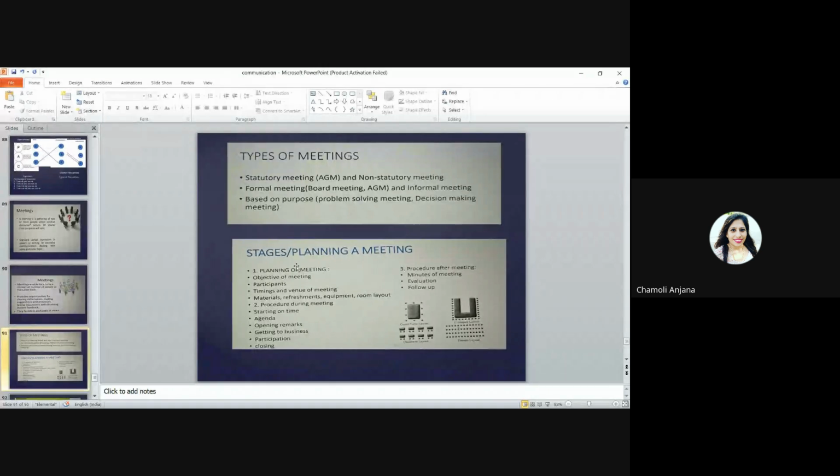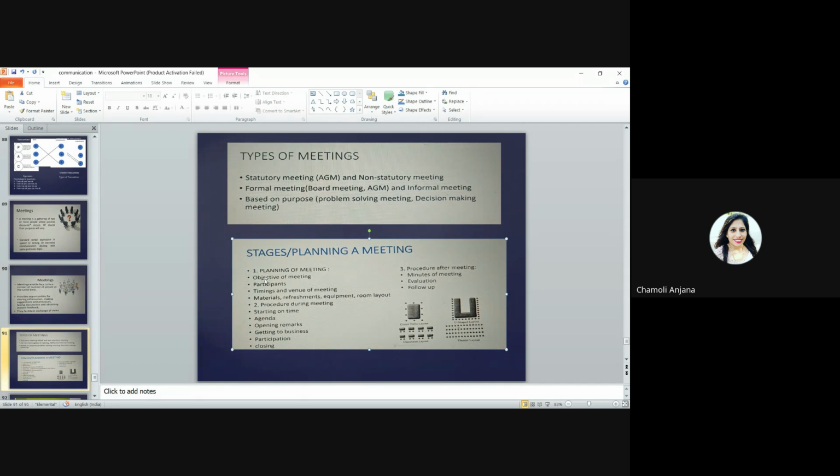That means one should know first of all what is the objective of the meeting. So what is the purpose of the meeting? Why are you calling for a meeting? Is it that the sales are going down, or do you feel that the attrition has increased, the number of employees leaving the organization is increasing? So what is the problem? Why are so many employees leaving the organization?